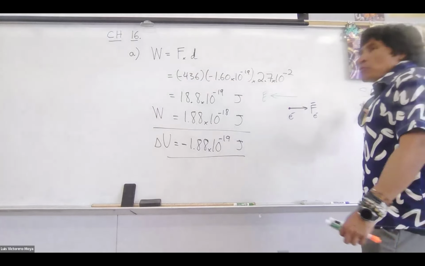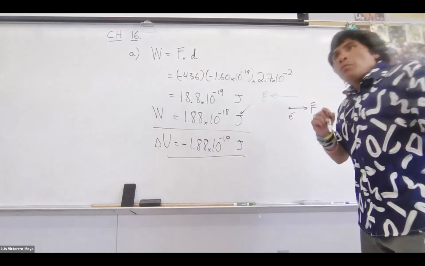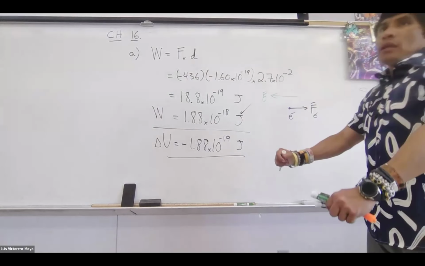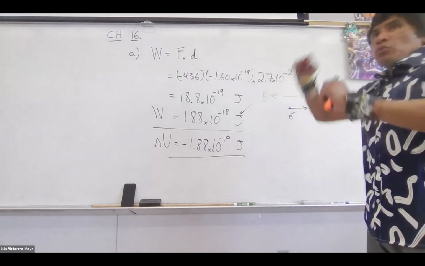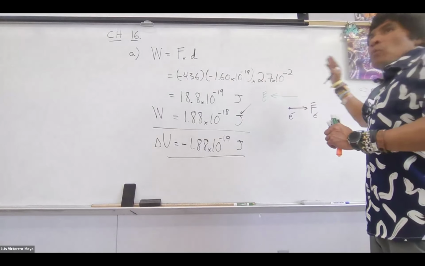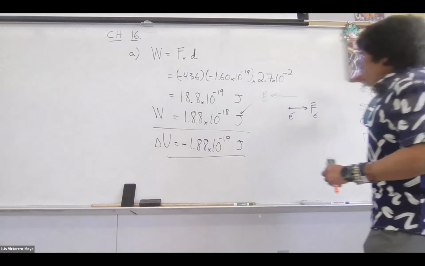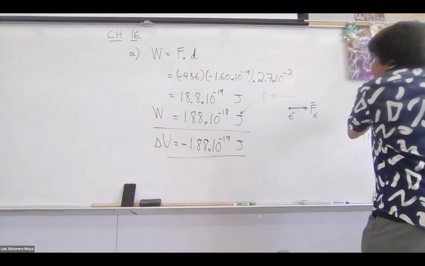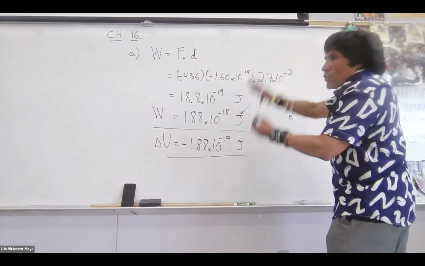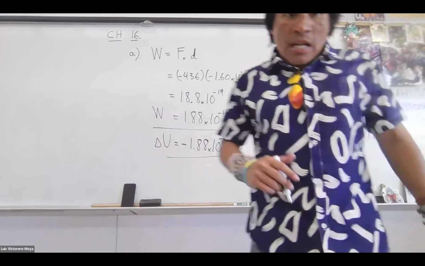The force is going from left to right, so the work is positive. The change in potential energy is negative because you're going from a higher potential to a lower potential. So you are reducing your potential energy, because the electric field normally goes from positive to negative, if you think about it, right? The electric field is pointing toward the left because you have positive charge on the right, negative charge on the left. That's why the electron has a negative change in potential energy.